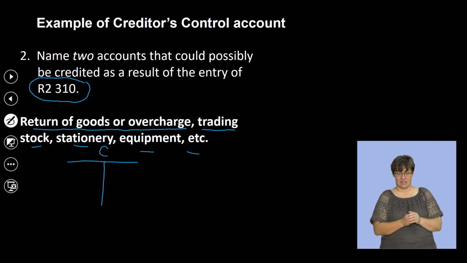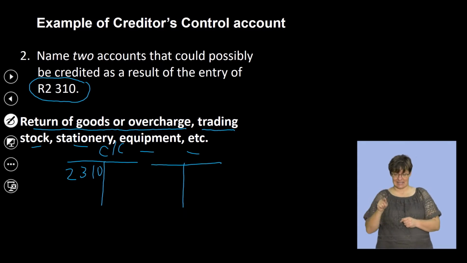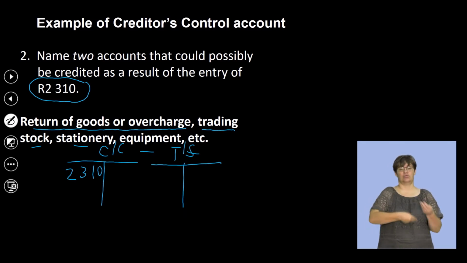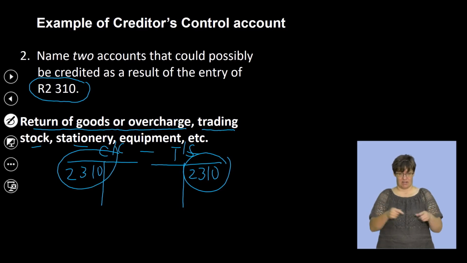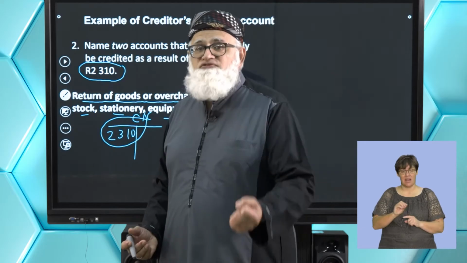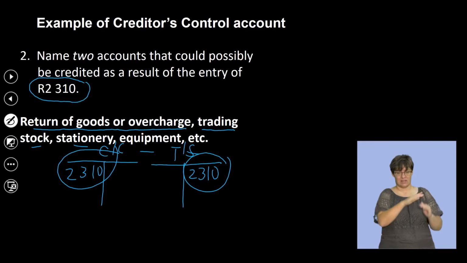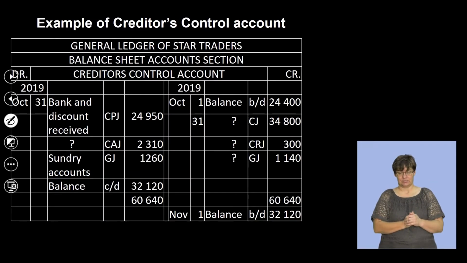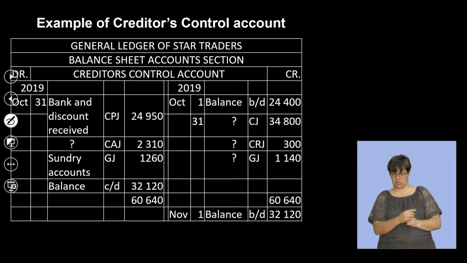You debit your creditors control with 2,310 and you credit, let's say we return trading stock, so there's my trading stock account, 2,310. Here's my double entry. So clearly you can see that this entry involves the creditors control account where it is being decreased.